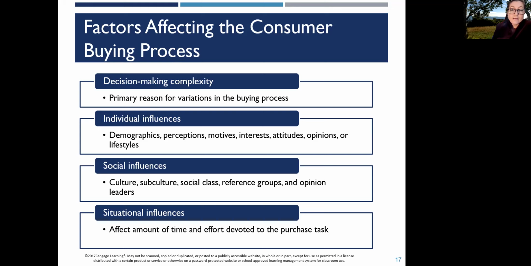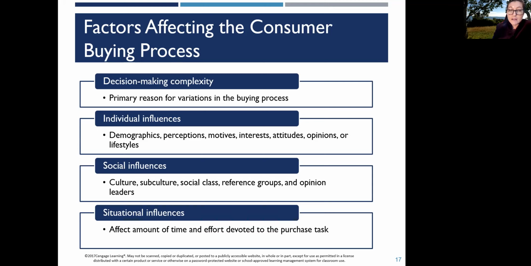Okay, so here's some factors that affect the consumer buying process. The decision-making complexity. This is the primary reason for variations in the buying process.